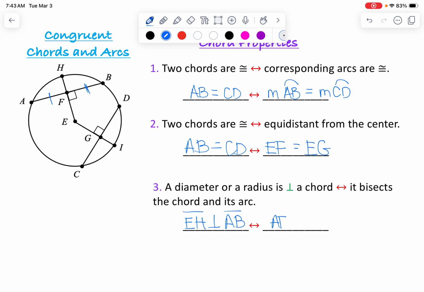So the length of AF equals the length of, let's do BF.